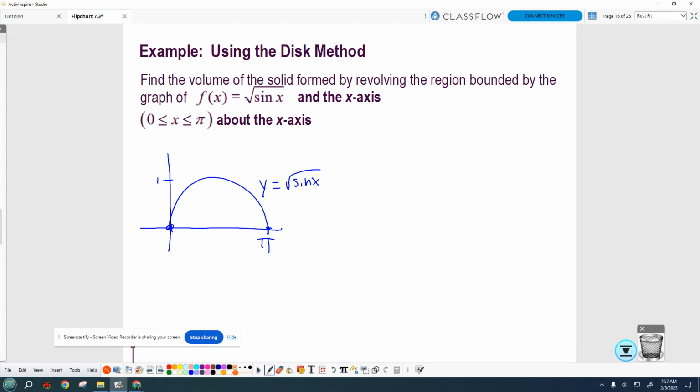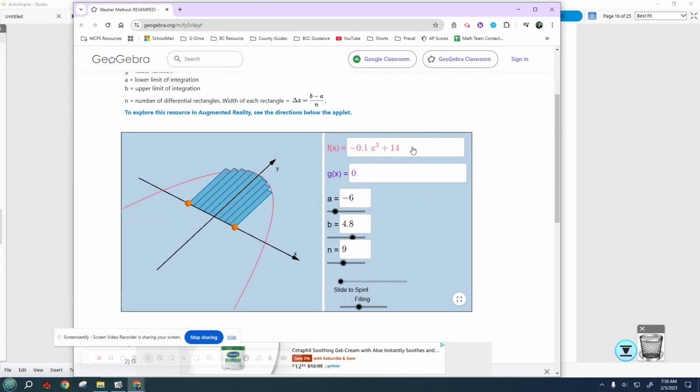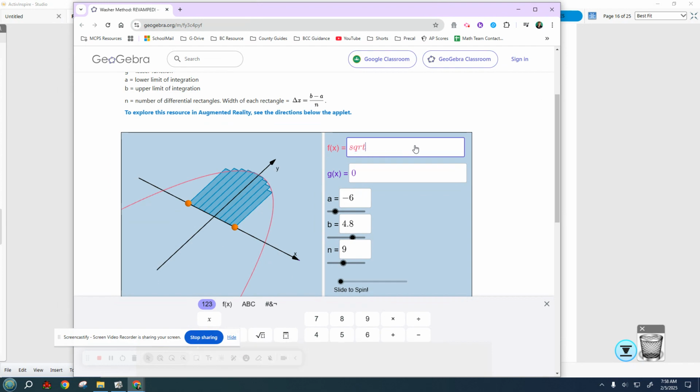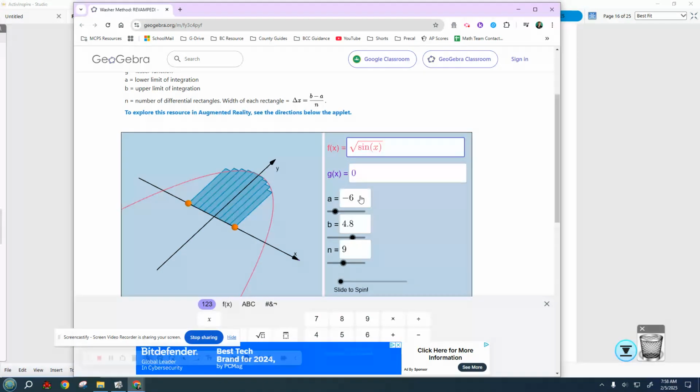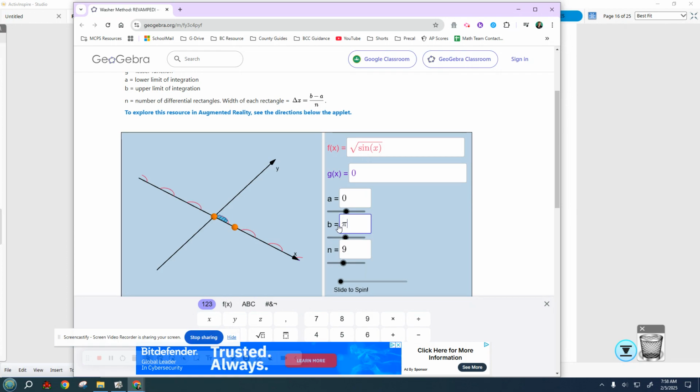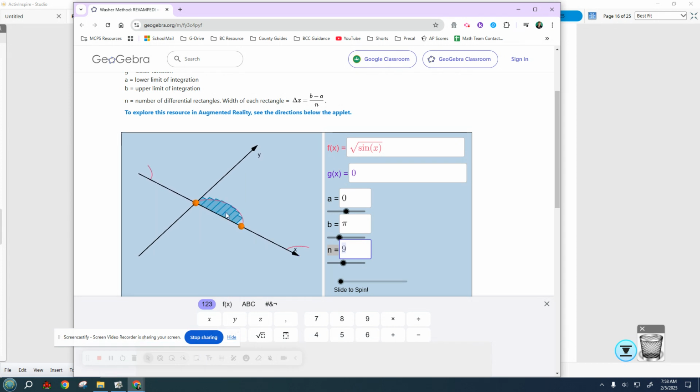Okay, so let's, oh, isn't that cute? So there's this shape, and they're actually splitting it into rectangles.